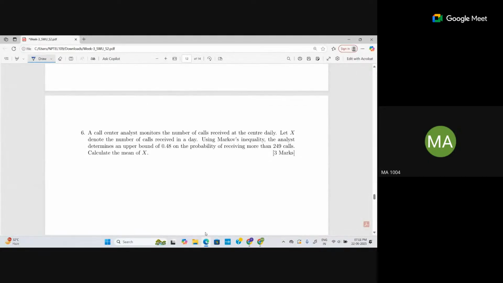Okay, solve this question. A call center analyst monitors the number of calls received at the center daily. Let X denote the number of calls received in a day. So using Markov's inequality, the analyst determines an upper bound of 0.48 on the probability of receiving more than 249 calls.